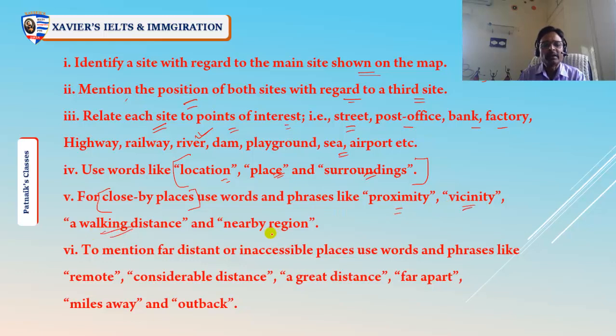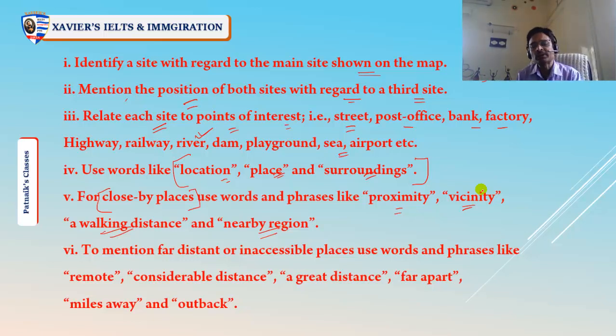These type of words we can use in our writing to represent the shortest distance, which are in the vicinity, which are within the reach areas. Those areas can be represented by using these words: proximity, for example, the hospital is within the proximity from the city mall. So you can use this way of sentences also, right?